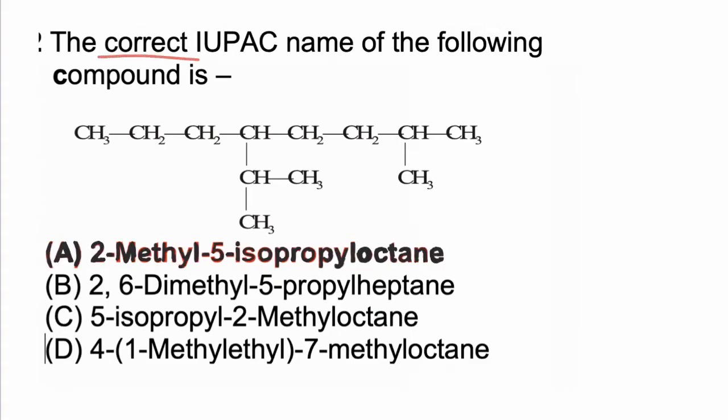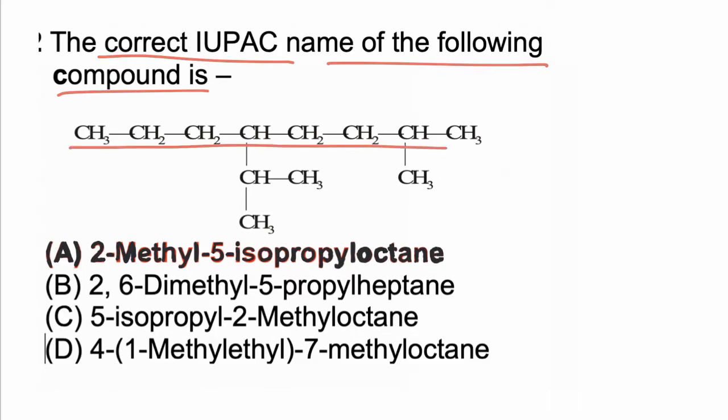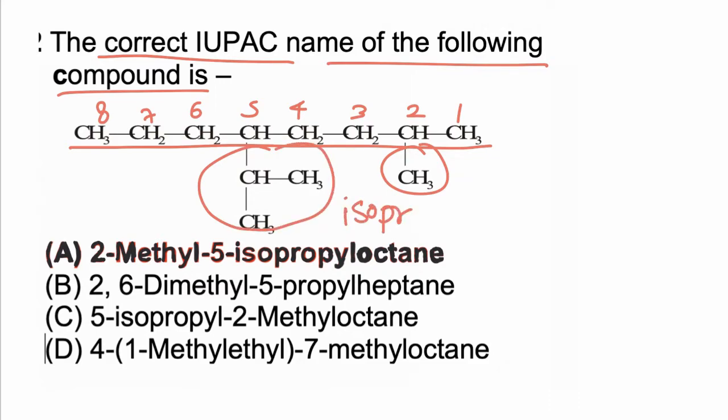In this question we have to find the correct IUPAC name of the given compound. First we have to select the principal chain, which is the chain having the maximum number of carbon atoms. Numbering should be done from the right side according to the lowest set of locants rule. The main chain has 8 carbons. A methyl group is attached at the second position, and an isopropyl group is attached at the fourth position.